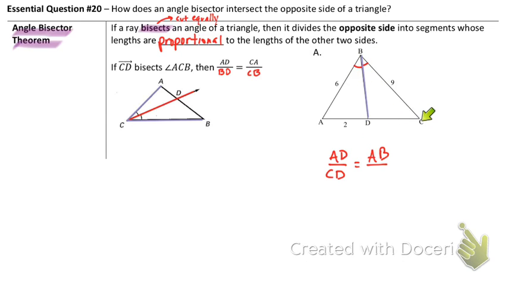CD was from this triangle, so we're going to get CB. Okay, so that's how we set up the proportion. And of course, we can solve this by cross multiplying if we need to.